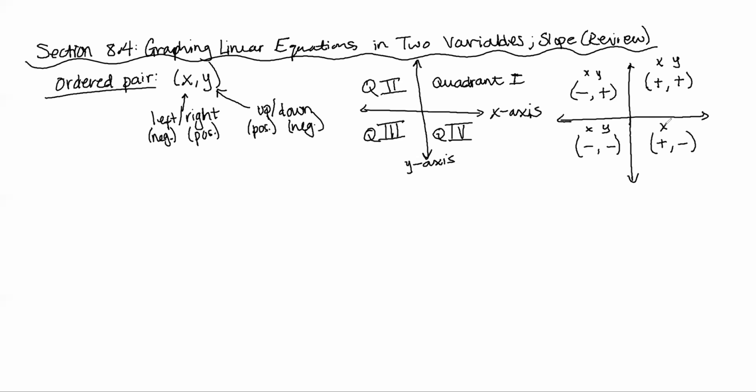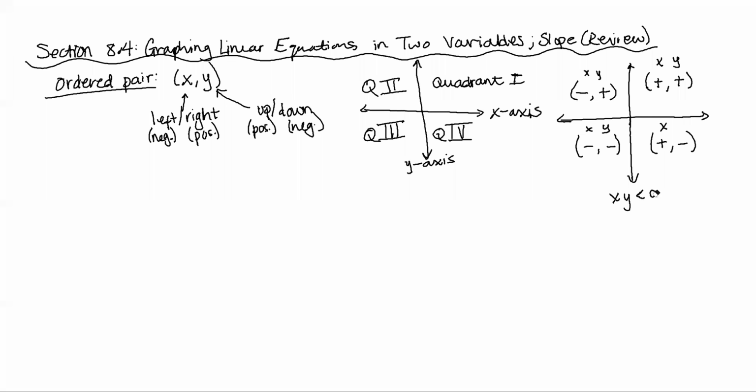You'll see a question asking, if we know x times y is less than 0, so x times y is negative, which quadrants could we be in? Think about which 2 quadrants we could possibly be in. That'll be one of your questions there.